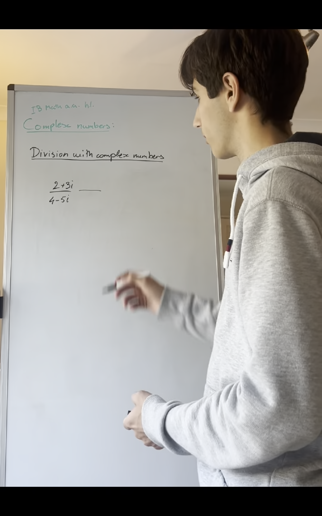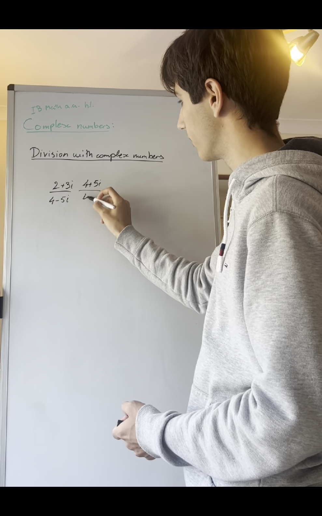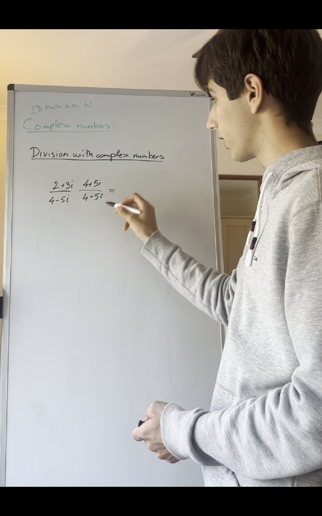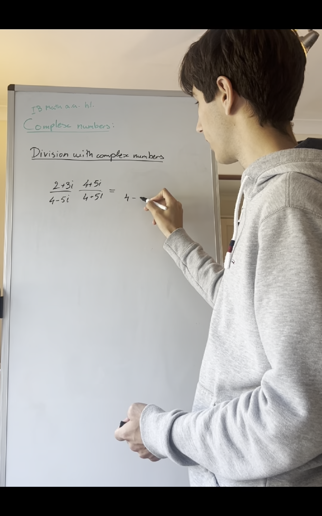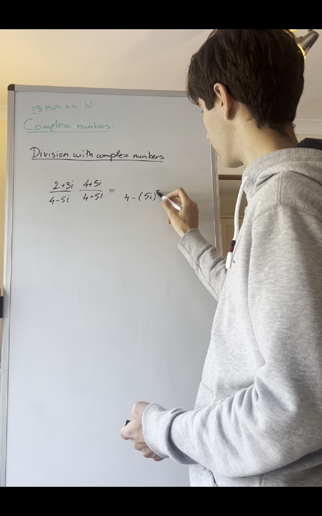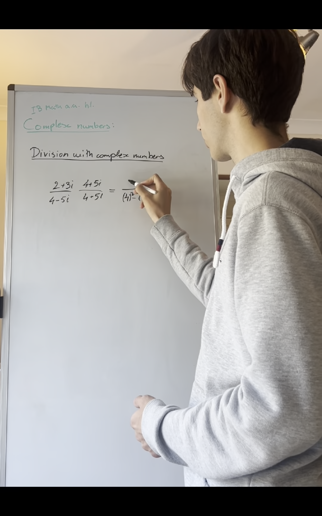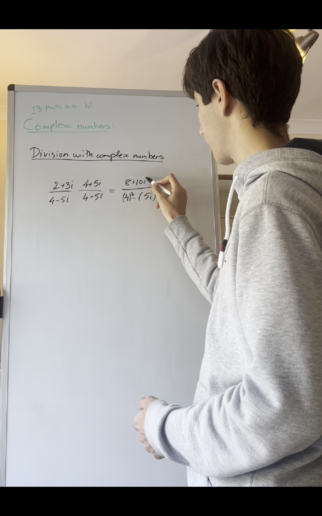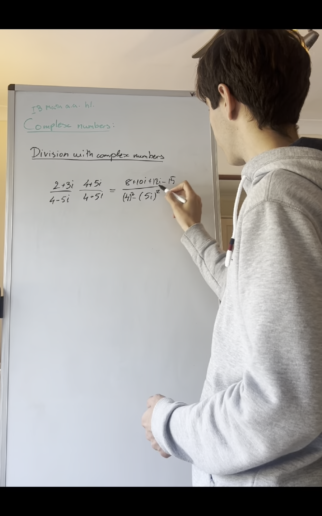So let me show you what I am talking about. If we multiply both the top and the bottom of this fraction by the conjugate of the denominator, what we're going to get is, well, this is the difference of two squares again, so it's going to be 4 squared minus 5i squared, and the numerator is going to be 2 times 4, so 8 plus 10i plus 12i minus 15.